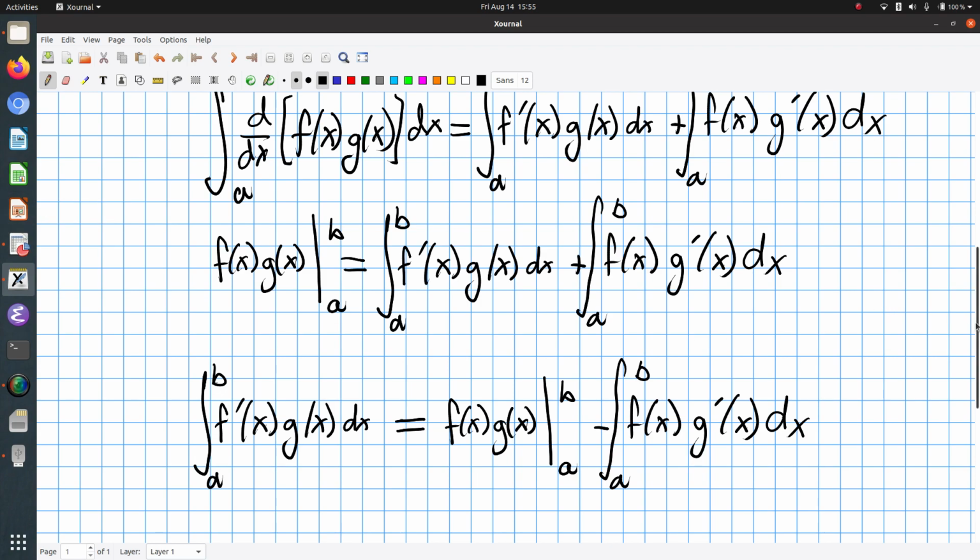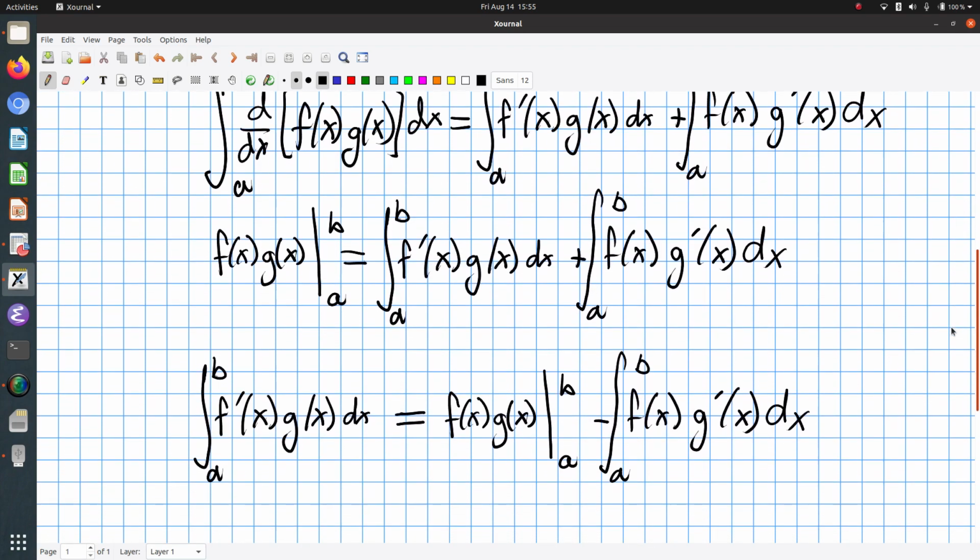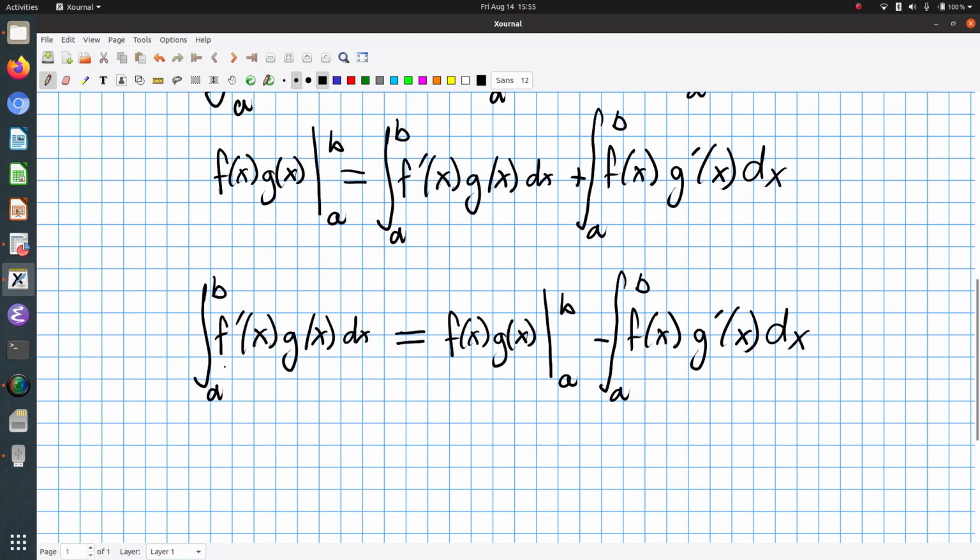It's just written a little differently. The way that I have it written there, this guy here is u, and f prime of x dx, that's dv. This is the uv, and this guy here then becomes v, and this guy becomes du.